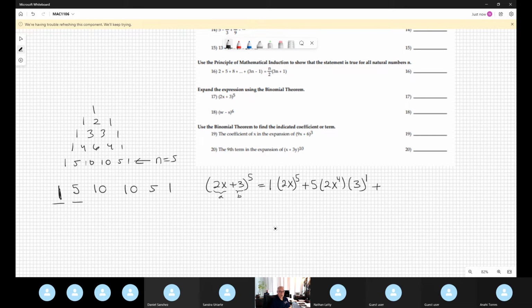What is the next? Well, the next is 10. So it's 2x to the 4th power. Let me try now. This is not correct. This is 4th power outside, include 2. This is 2x to the third power and 3 to the second.